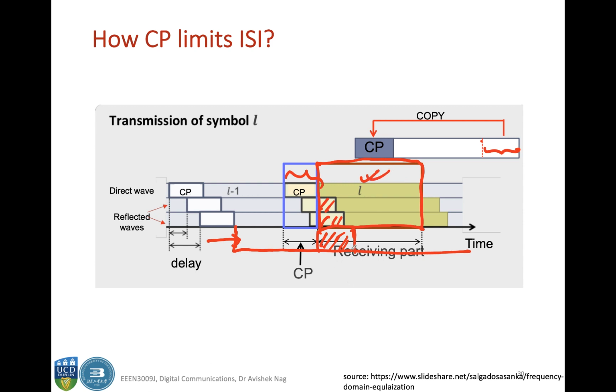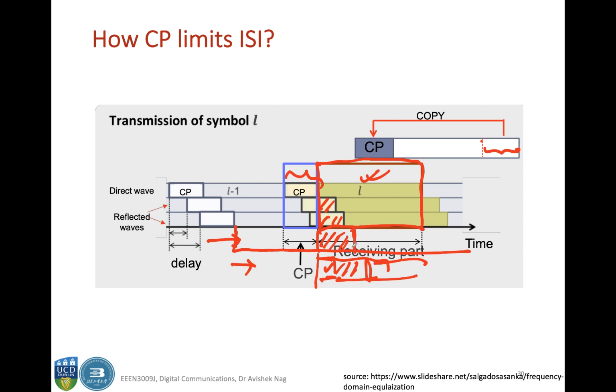Anything more than that, if you have further delay, then let's say this is the cyclic prefix, this is the data, and then we have the data from the previous block. So at most you can have a delay equal to the cyclic prefix length.